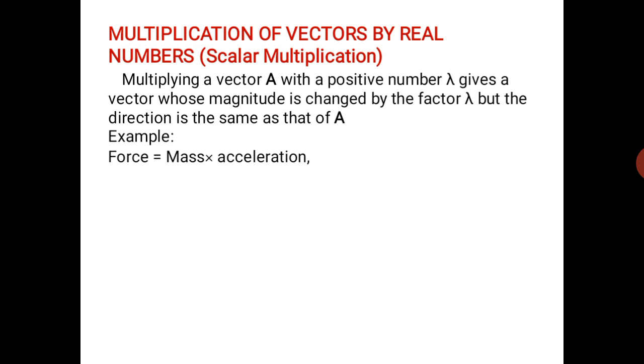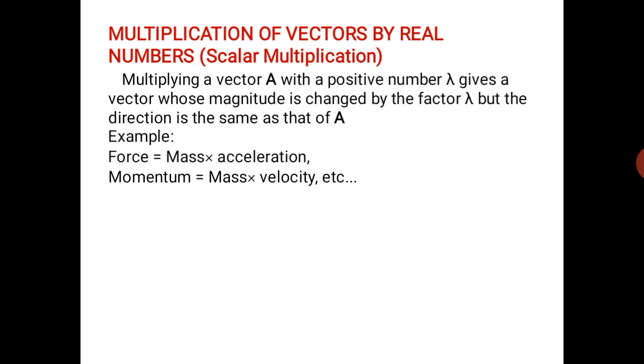You can take another vector, for example momentum. Momentum is mass into velocity, and the direction of the momentum is the same as the direction of velocity. Only the momentum is mass times velocity. Suppose the mass is 5 kg, then momentum is 5 times velocity.